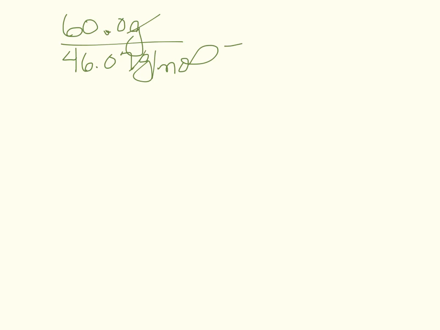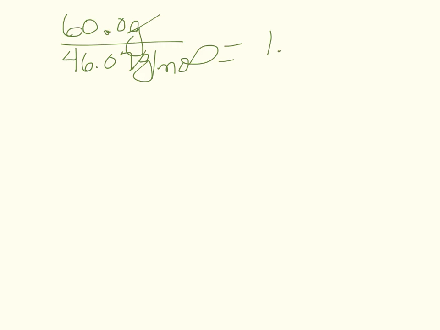So we have 60 grams of ethanol, and you were given the molar mass, and it is 46.07 grams per mole. And so that means the moles of ethanol that we have is 60 divided by 46.07.